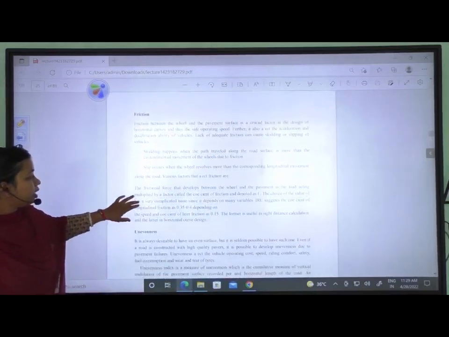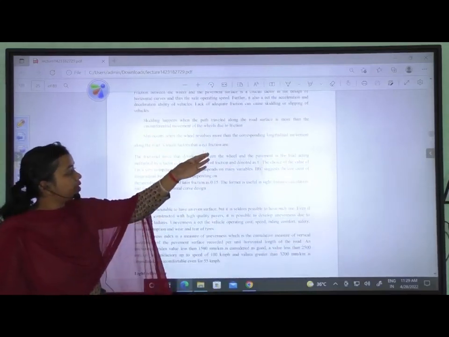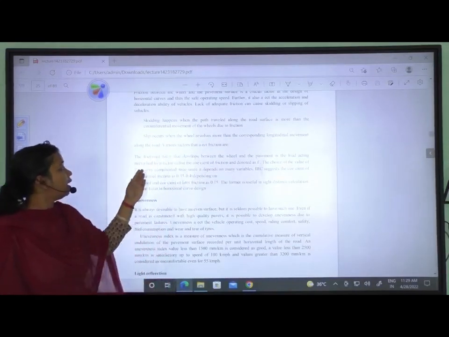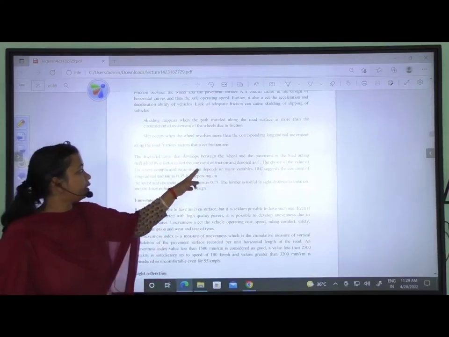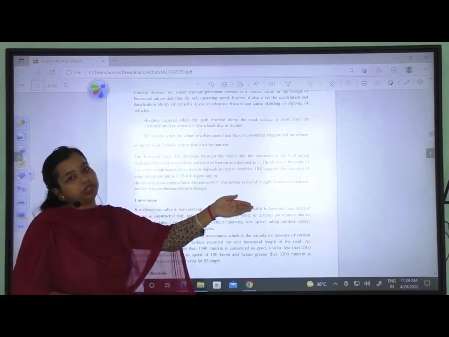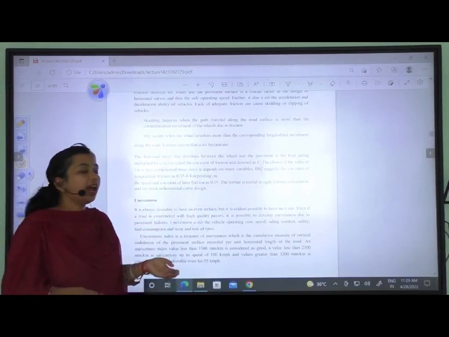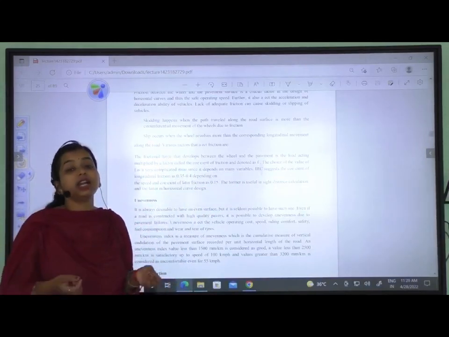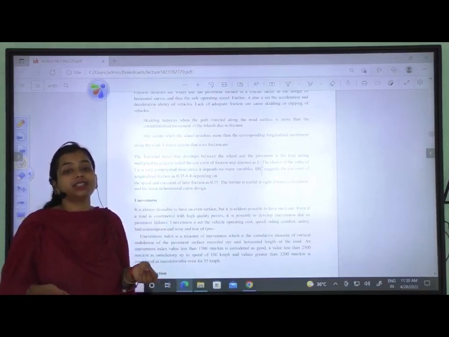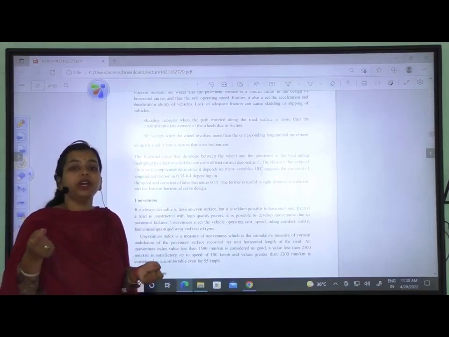Next, the frictional force that develops between the wheel and the pavement surface is the load acting multiplied by a factor called the coefficient of friction, which we easily know as f. f is the friction, and IRC, the Indian Roads Congress, recommended the easiest value, f equal to 0.15.